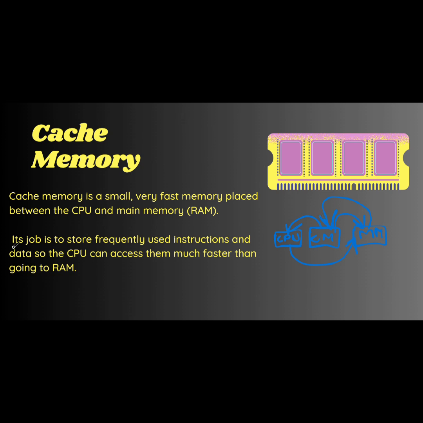Basically, the cache memory's job is to store frequently used instructions and data so that the CPU can access them much faster than going to the RAM. In a single word, the cache memory is a memory where the CPU can work faster if the data is present in it. Let us see in detail.